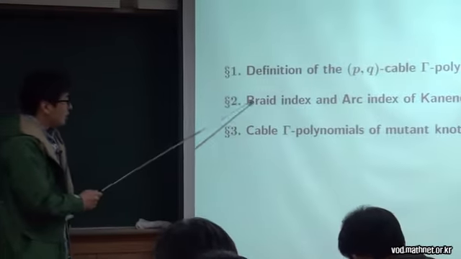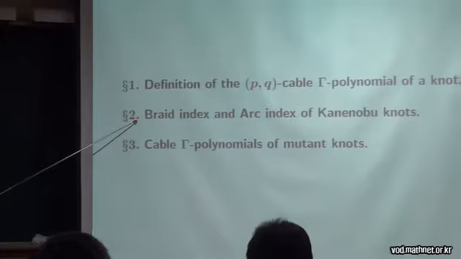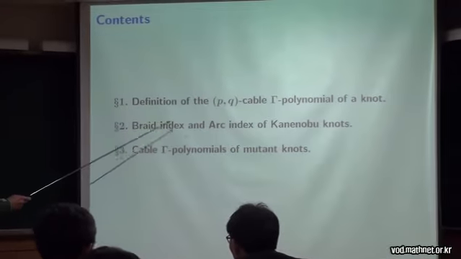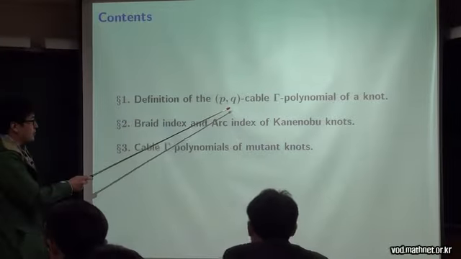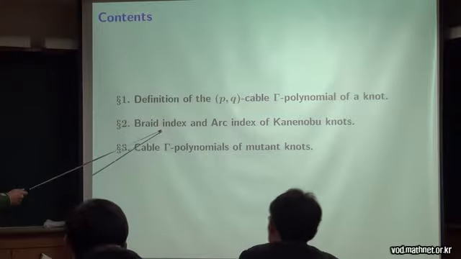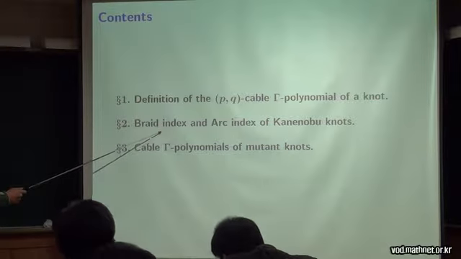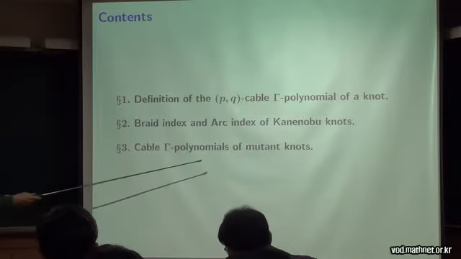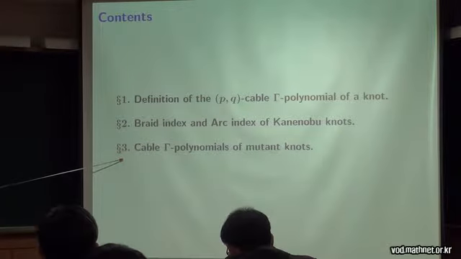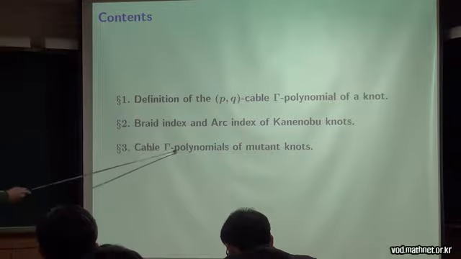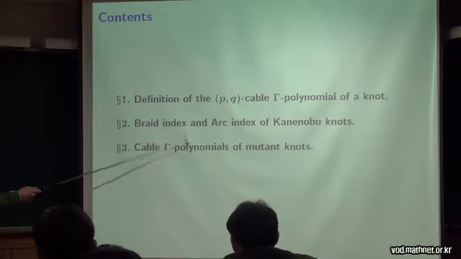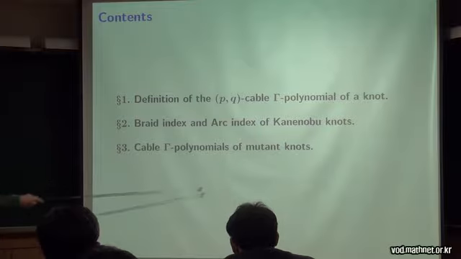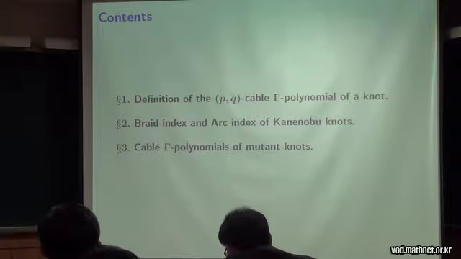And in section 2, by applying the 2Q cable gamma polynomial, we give a sharper lower bound of the braid index and the arc index of Kanenobu knots. Okay? In the final section, we show that the 3-cable gamma polynomial is invariant under mutation. Okay? Let me start.